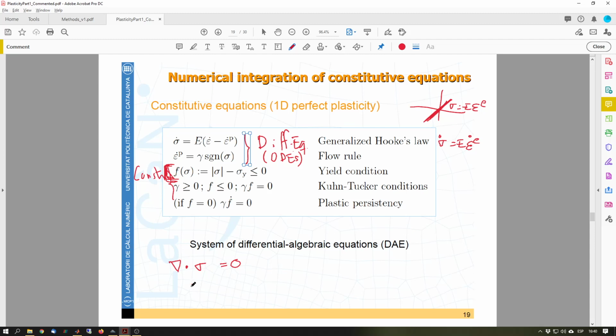So we have something similar that is proportional to the rates, like we have in linear elasticity. We have the total strain rates, and that would be our elasticity tensor of fourth order, contracted by the total strains minus the plastic strains. So it would be something very similar to what we had before.